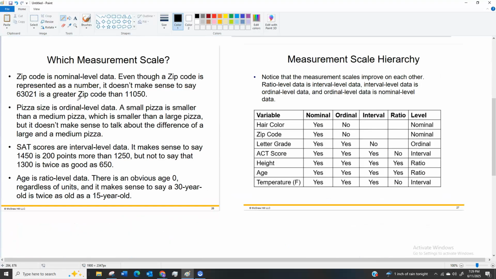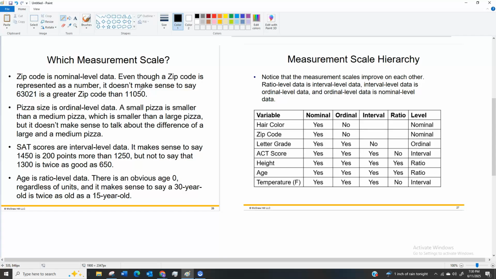So it says zip code. What level is that? Well, zip code actually only reaches the nominal level, because even though it's numbers, this is one of those unusual ones where the numbers don't really reflect anything.